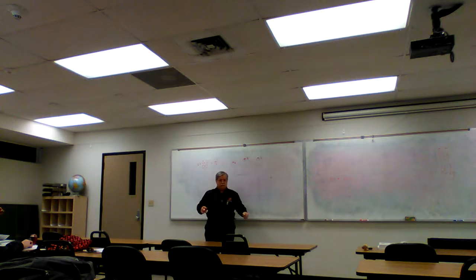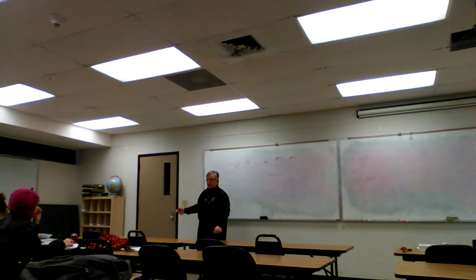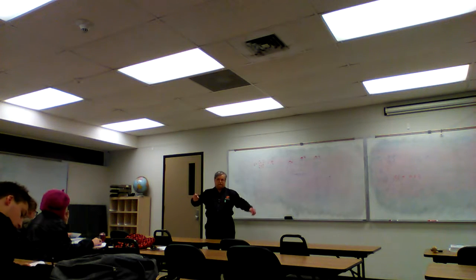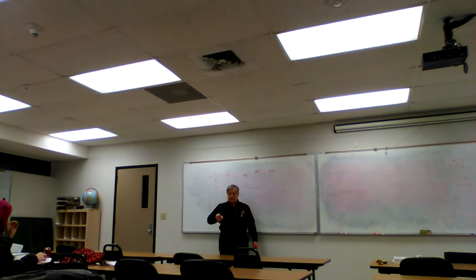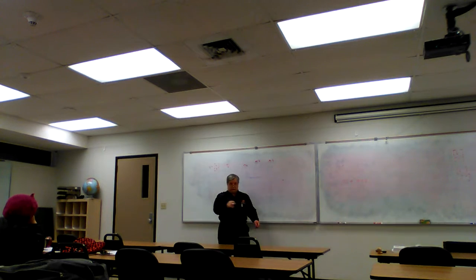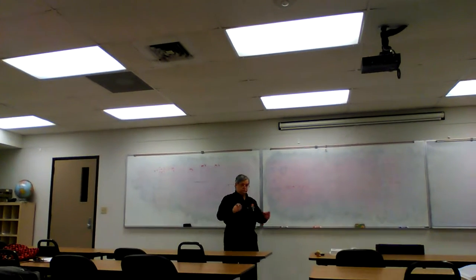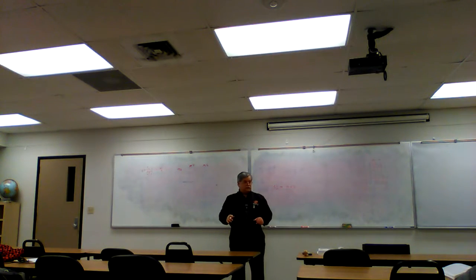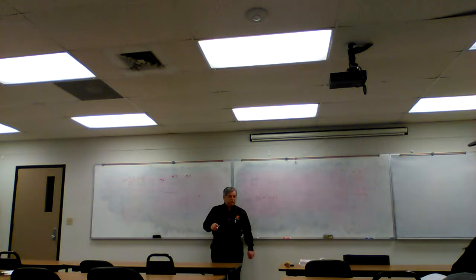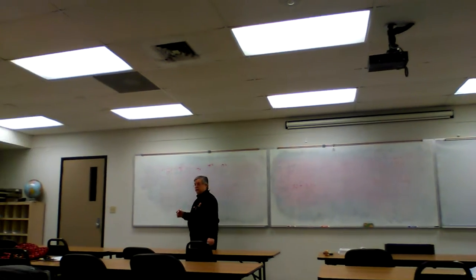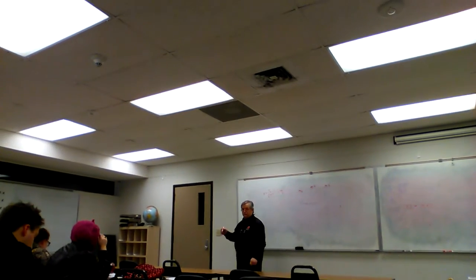You can't add meters per second plus kilograms. That would be physically meaningless. If you're adding two numbers, they have to have the same units. And if you're working out a problem and you go to add two numbers and you notice that they don't have the same units, that's where you need to stop and figure out where you went wrong. Because in order to add them together meaningfully, they have to have the same units.